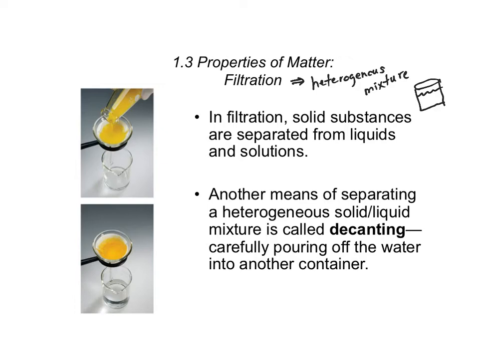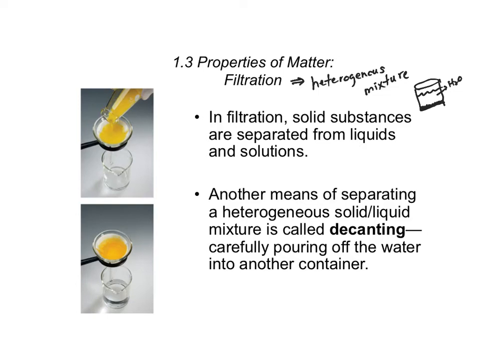This was, again, a heterogeneous mixture. We had sand at the bottom and water at the top. I want to separate these two components. What would be the easiest possible way for me to do this? I've got a solid sitting at the bottom and a liquid at the top. I want to remove the two from one another. How could you possibly think of just easily removing the two?